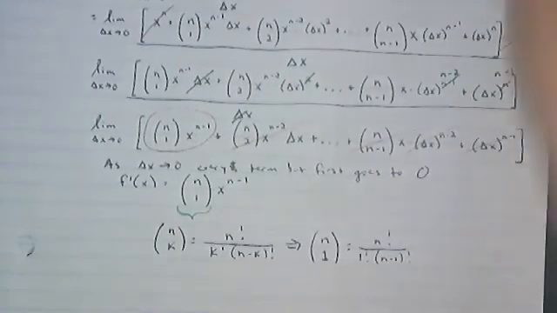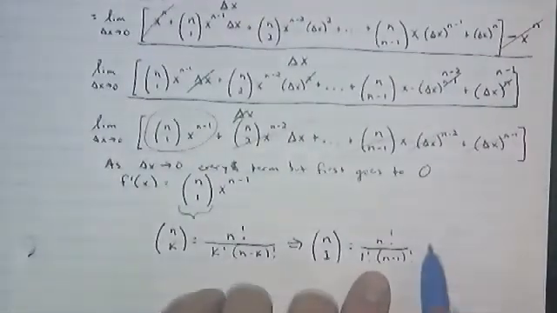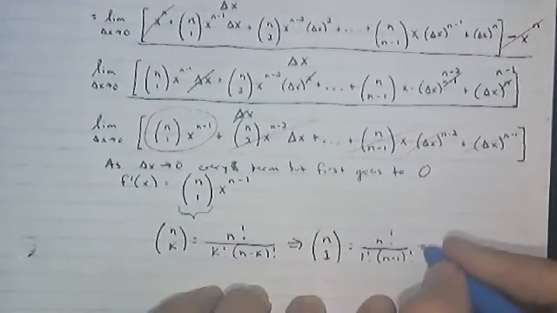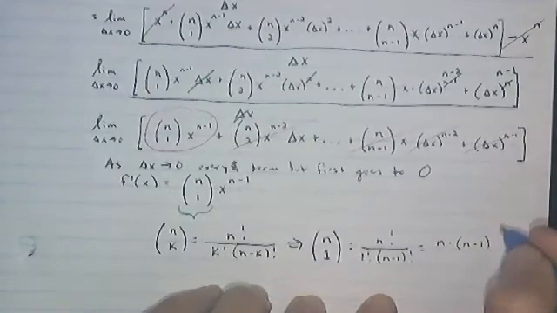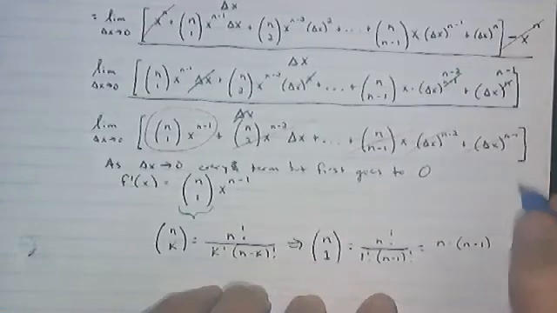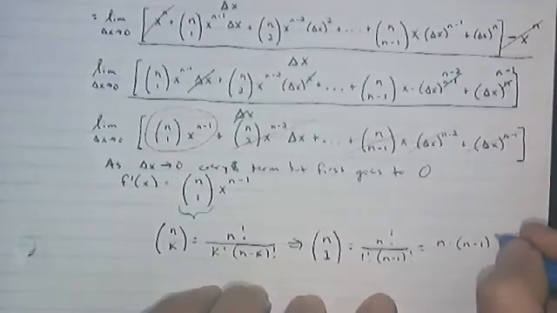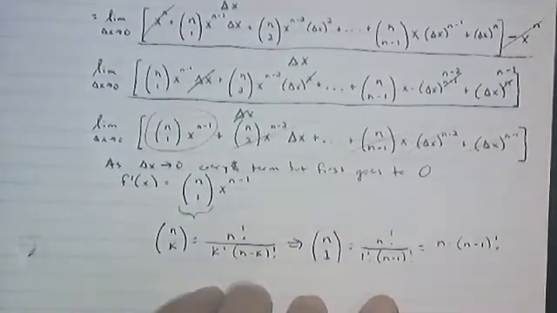Still not sure I see this? Just wait. N factorial is n times n minus 1 times n minus 2 times n minus 3 and so on all the way down, which is also n times n minus 1 factorial.